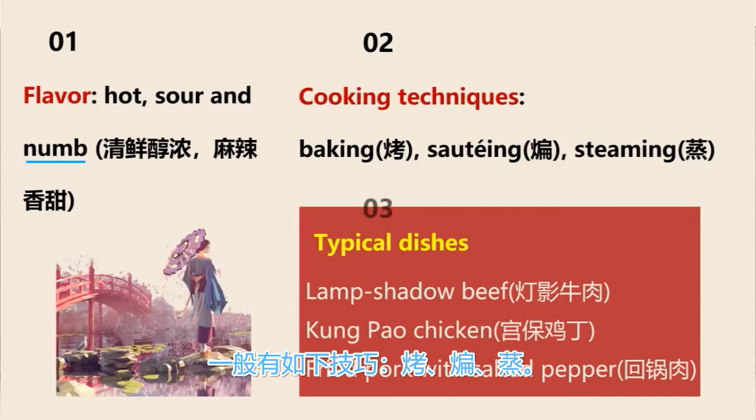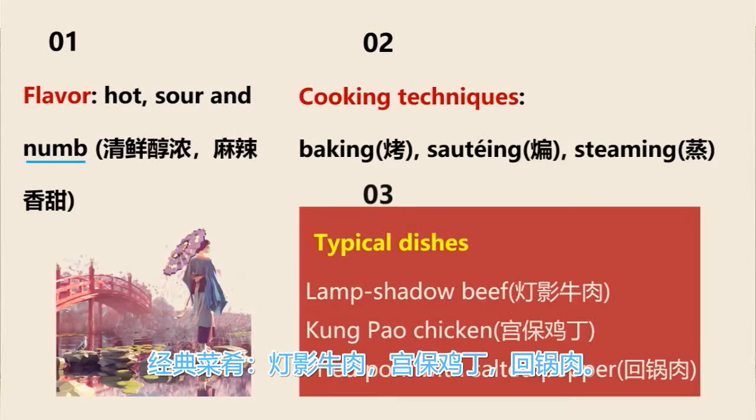Now let's look at the cooking techniques of Chuan cuisine. Usually they use these techniques, for example, baking, sauteing, and steaming. And look at the typical dishes. Typical dishes: lamp shadow beef, that is 灯影牛肉. 用四川话说叫灯影牛肉. And then Kung Pao Chicken, 宫保鸡丁.